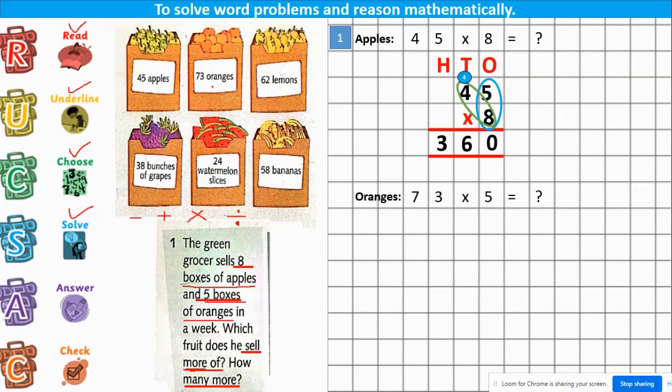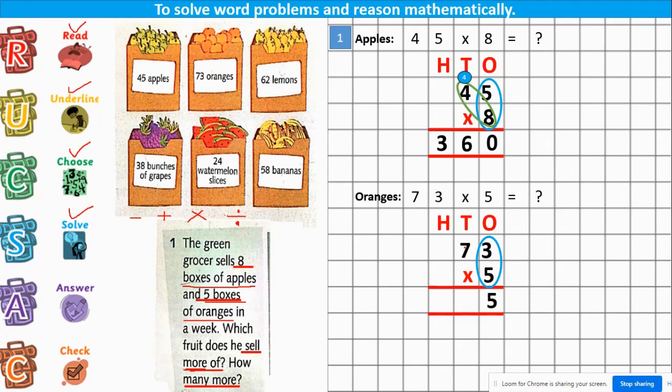We know one box of oranges has 73 oranges in it. So 5 boxes will have 73 times 5 oranges. Okay, so let's solve it. Make sure to write the numbers in the correct place value. Okay, so we multiply 5 and 3. 5 threes gives us 15.